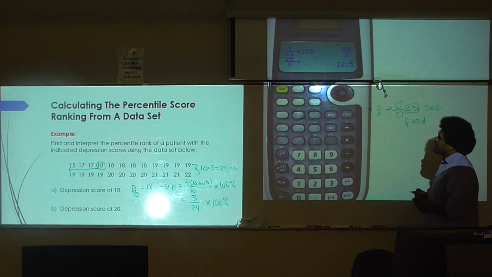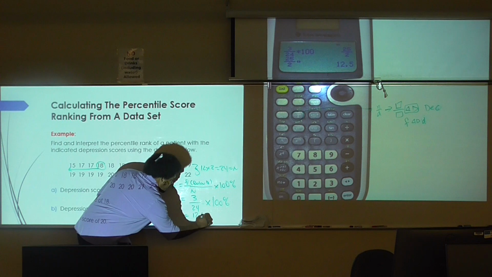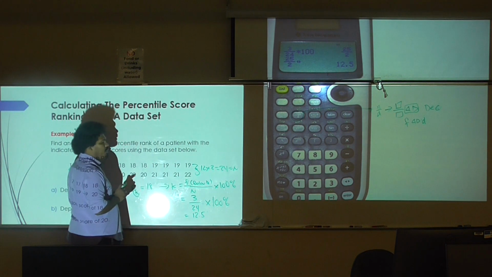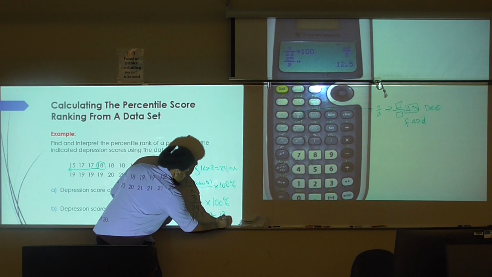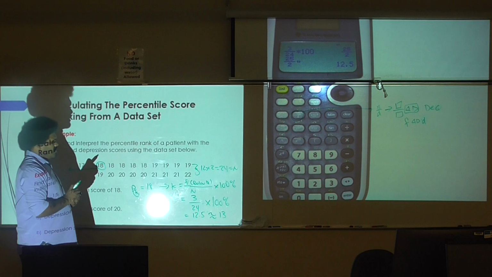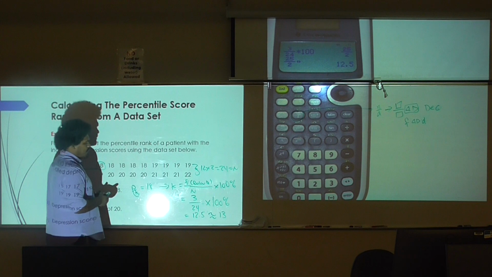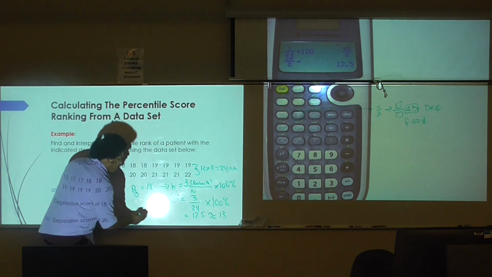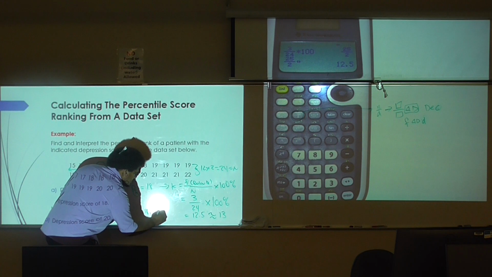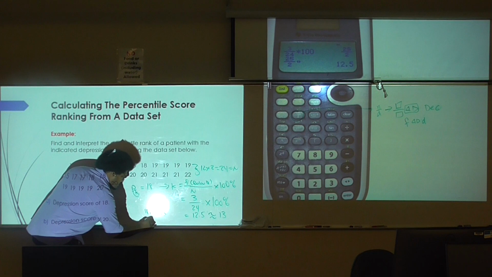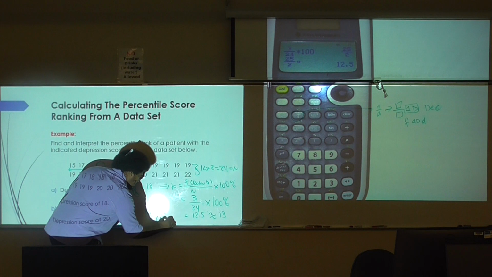So all we know over here is it's supposed to be 12.5%, but we don't want it in that format. So we're going to approximate it and get 13. So the conclusion that we have for the green is that 18 is P sub 13, or we could say the 13th percentile.